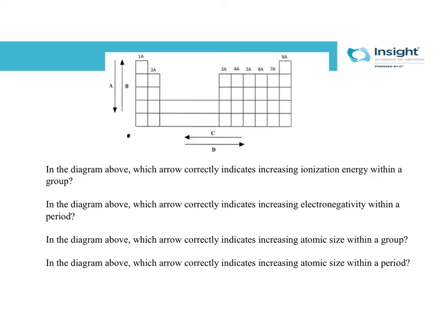Groups are columns. And ionization energy is strongest, say, over at this corner. So that means it's going to be arrow B, going up.